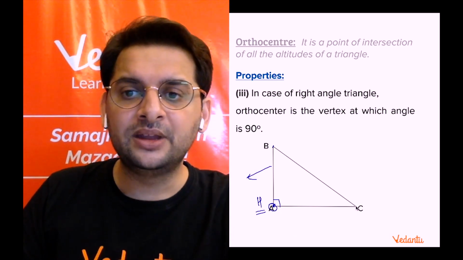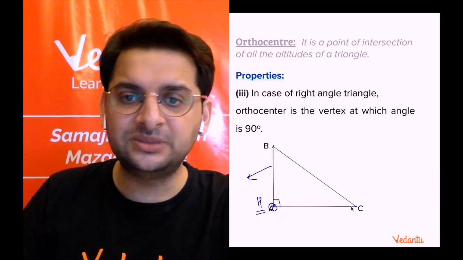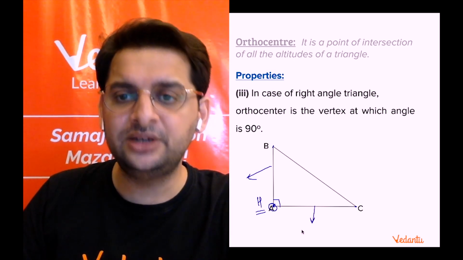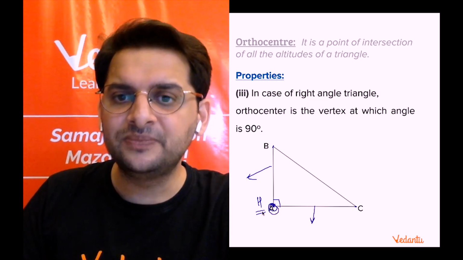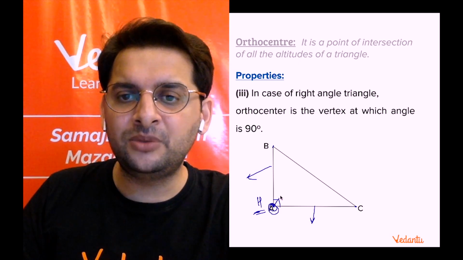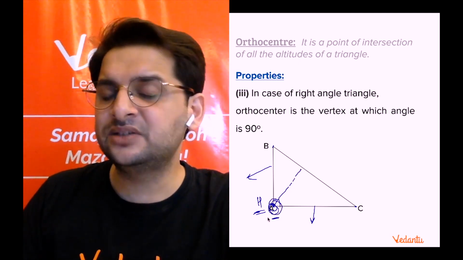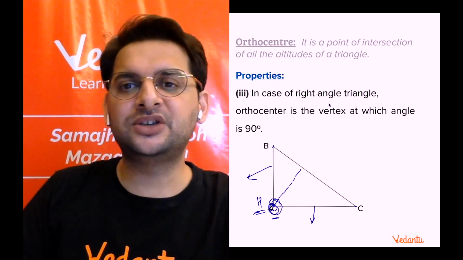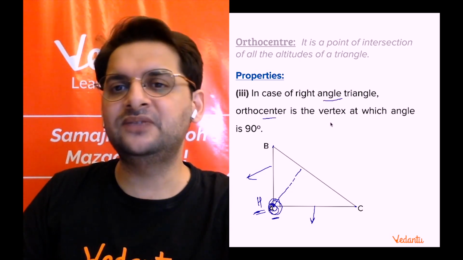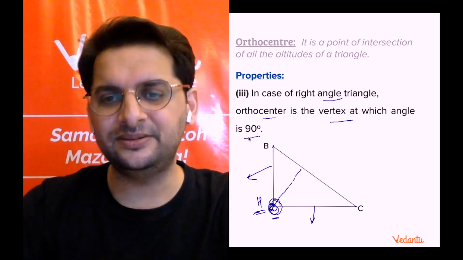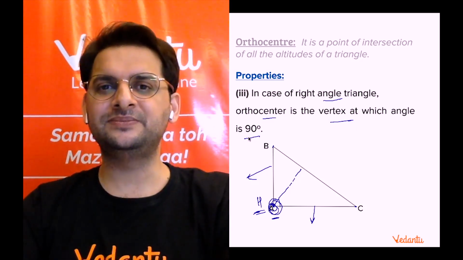Likewise, we'll draw an altitude from C onto AB, and this will be the altitude. They're meeting at this point only. And if we draw an altitude from point A, this passes through this point. So this is the point of intersection of 3 altitudes. So in case of a right angle triangle, the orthocenter is at the vertex of the triangle. I hope this is clear to everyone.